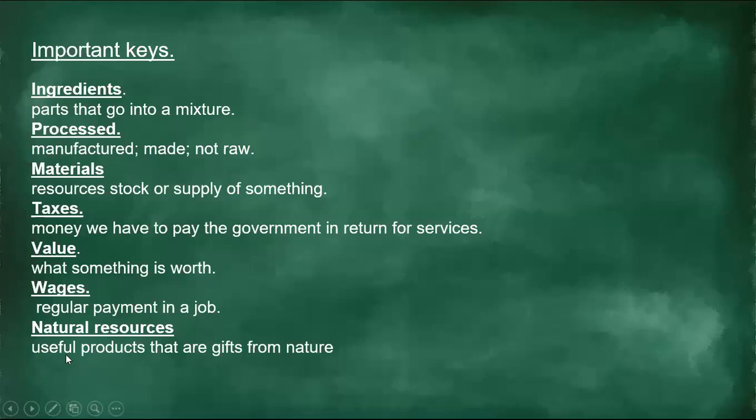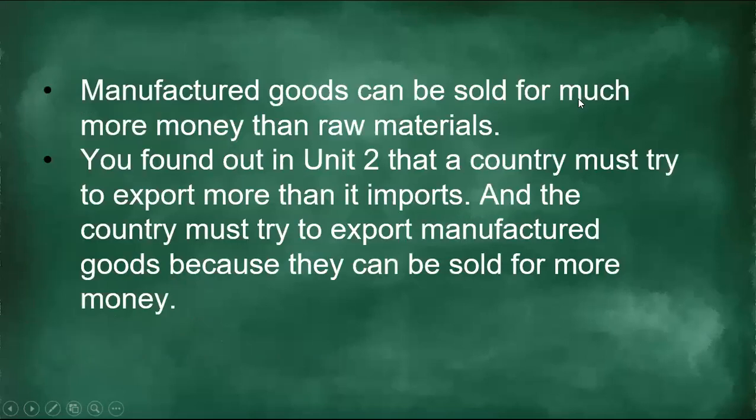Manufactured goods can be sold for much more money than raw materials, okay? You found out in Unit 2 that a country must try to export more than it imports.